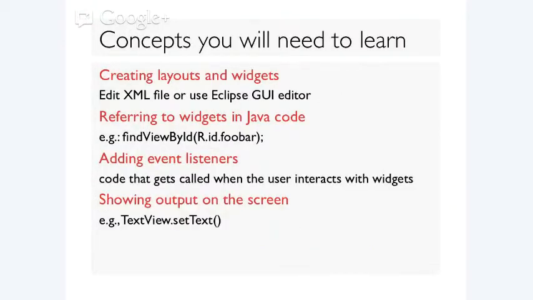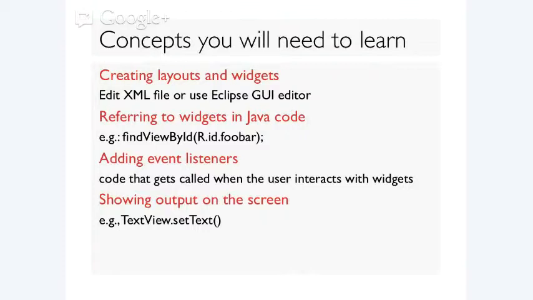And to just steer you to what to pay attention to, here are some of the things you will definitely have to learn about how to do. So you have to be able to create your own layouts and widgets, and Eclipse comes with a GUI builder for that, or you can edit the XML files. I would recommend the former, but you can do either. Then you have to find out how to refer to whatever you created in your GUI statically in your code at runtime.